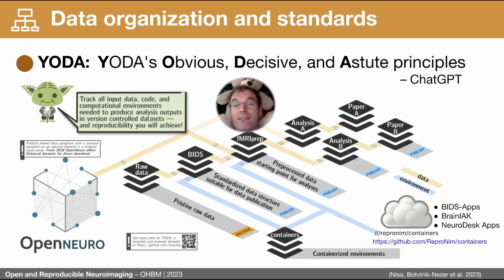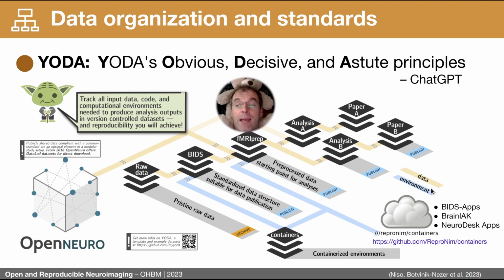So a BIDS derivative dataset is a dataset which is derived from another BIDS dataset, right? So if your source data is a BIDS dataset, here we go. So you have BIDS derivative datasets such as fMRIPrep. So you did your analytics, maybe reusing the same containers dataset, which I advocate you to look into, the ReproNim containers collection of datasets which are containing BIDS Singularity images, so they could be used on any HPC or locally under Linux or even macOS.